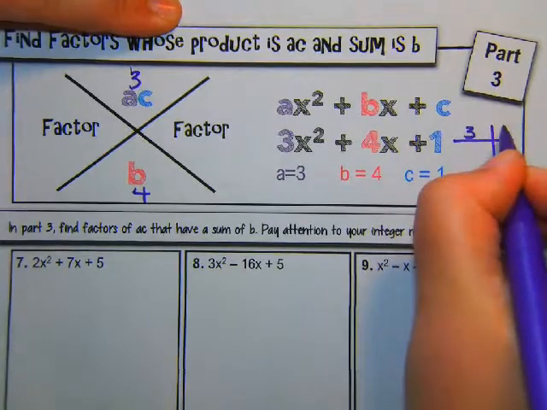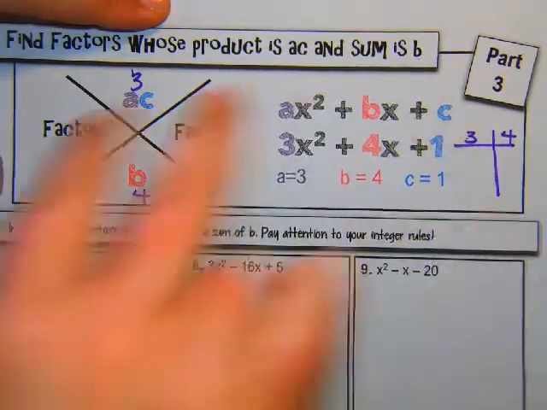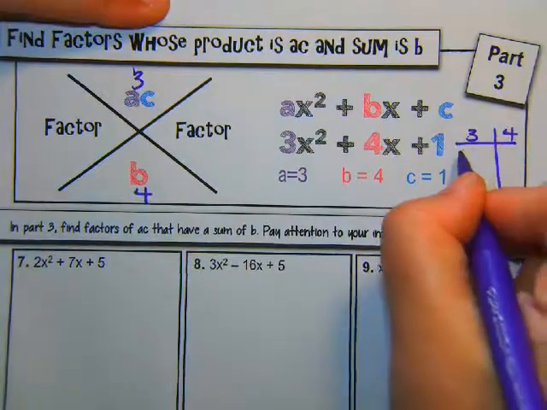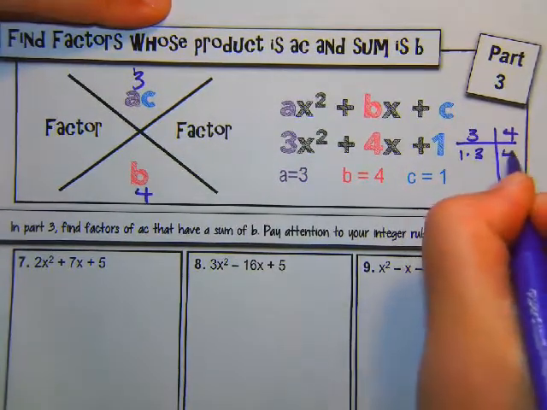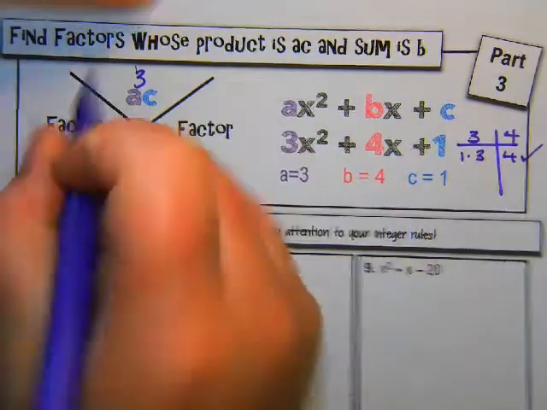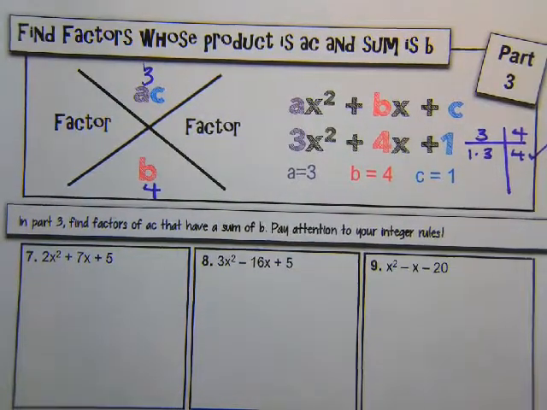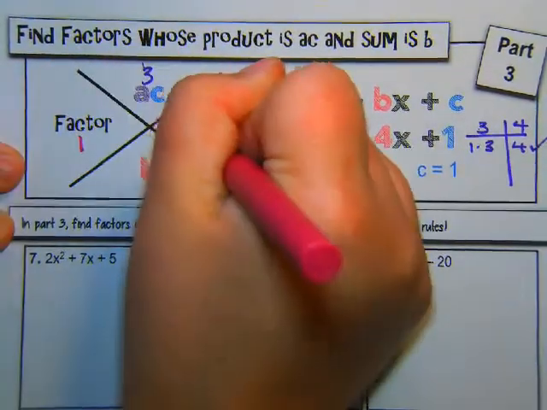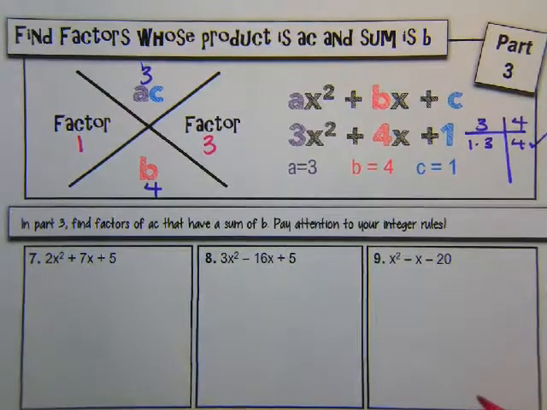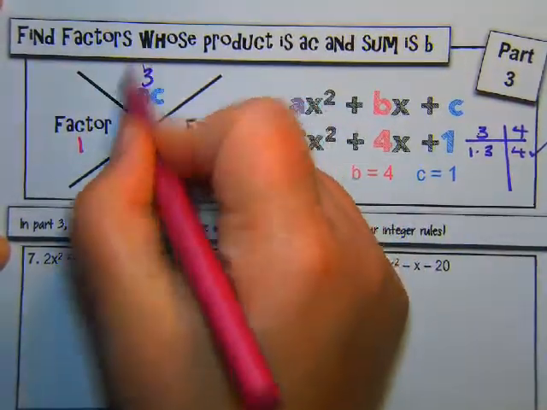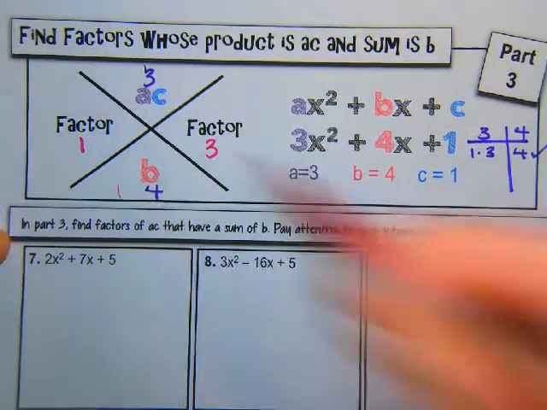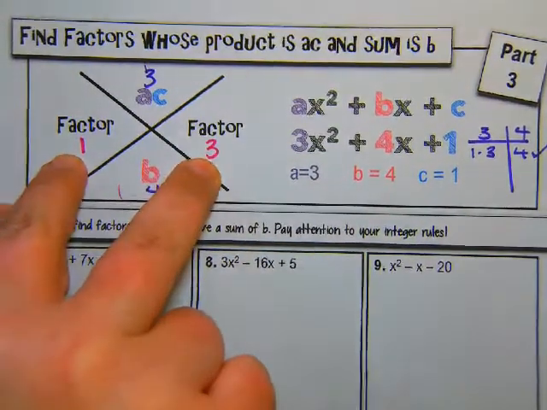Multiply to 3, add to 4. So positive, positive, that means these two will be positive. So 1 times 3, wouldn't you know it, adds to 4. So that means my factors are 1 and 3. So all this does is change the way we find the top number and the bottom number, but then you find these the exact same way.